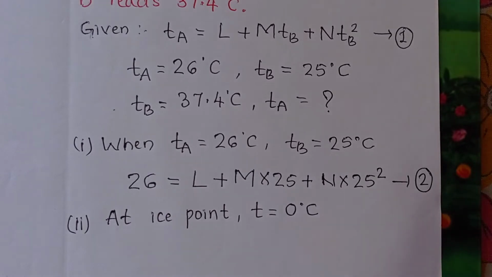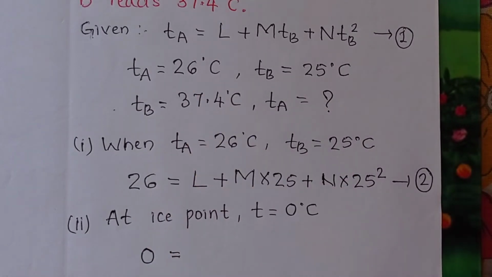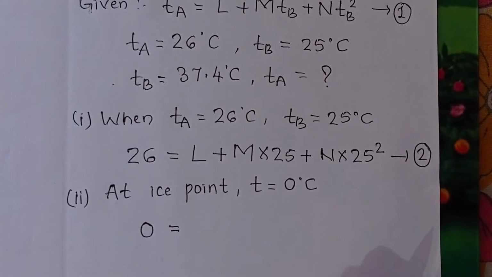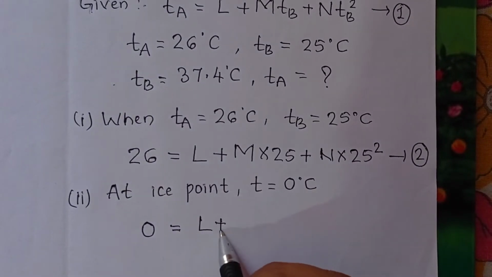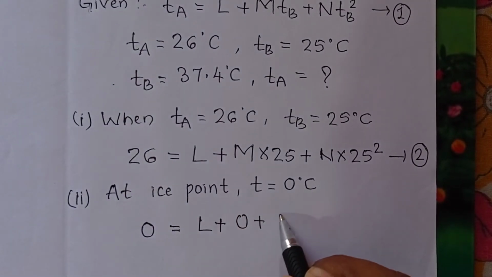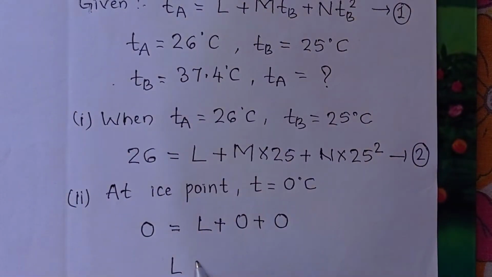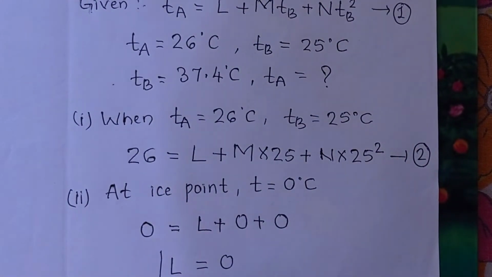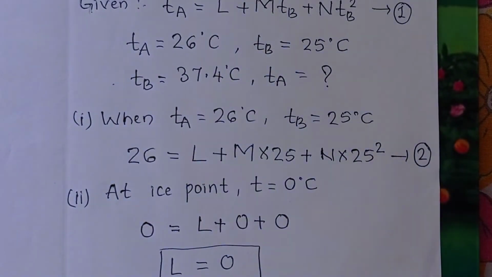So what do I get? Ta is also 0, Tb also is 0. That is, both the temperatures are 0. So 0 will be equal to L plus 0 plus 0. Therefore, the value of L will be equal to 0. This is what I have found out.